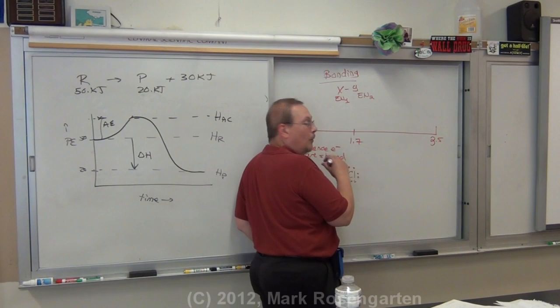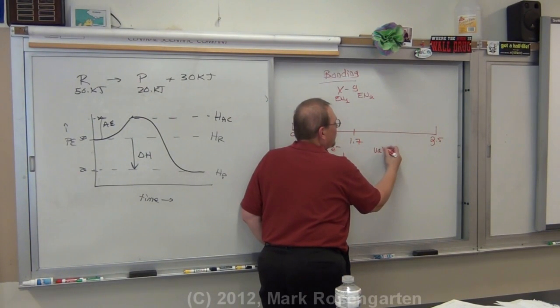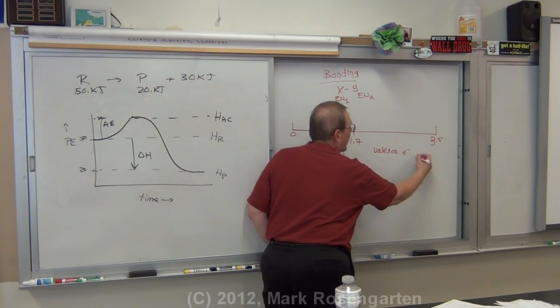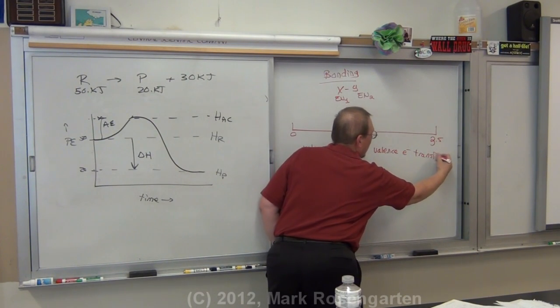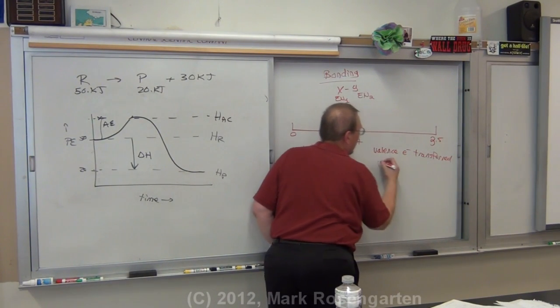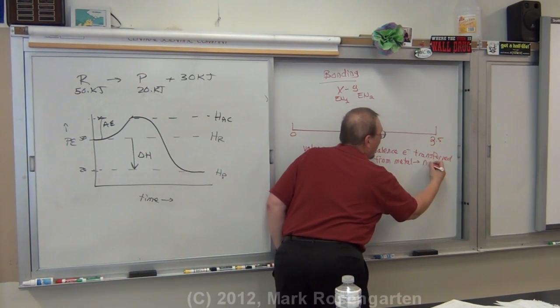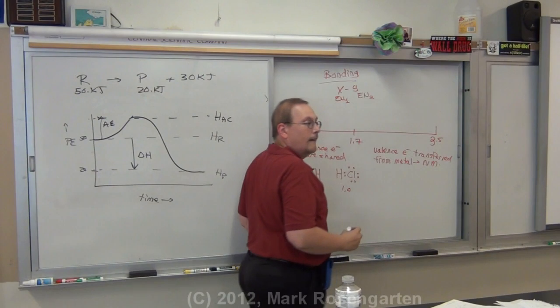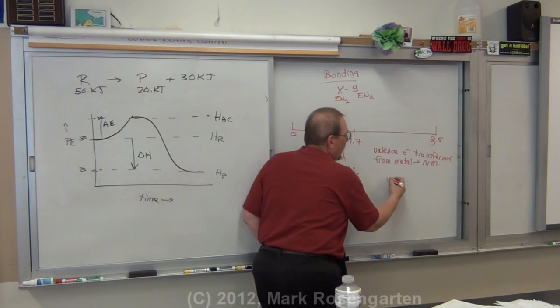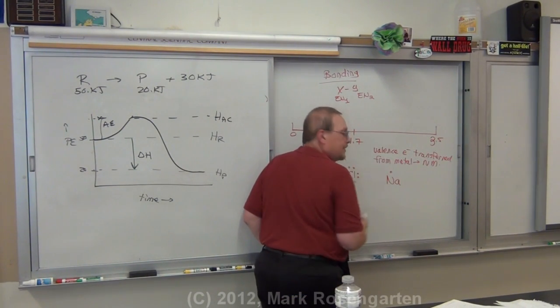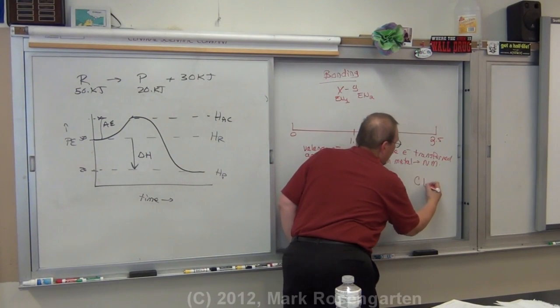Once you get past 1.7, valence electrons are transferred from a metal to a non-metal. For example, sodium has 1 valence electron. Chlorine has 7.